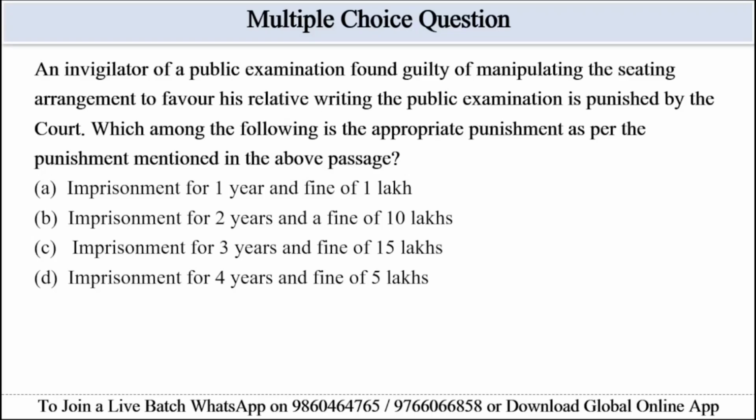In case of option C, imprisonment of 3 years and fine of 15 lakhs, this is incorrect because the fine of 15 lakh exceeds the maximum fine of 10 lakh, which is specified for individuals in this act. Now, in case of option D, imprisonment of 4 years and fine of 5 lakhs, this is correct. It falls perfectly within the prescribed range.